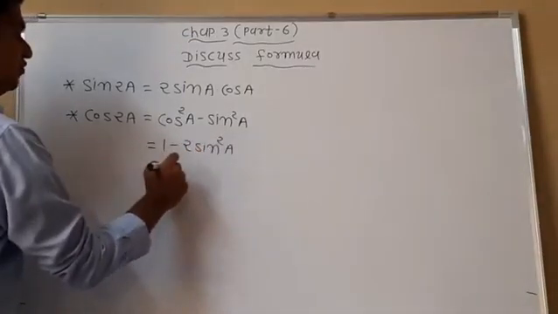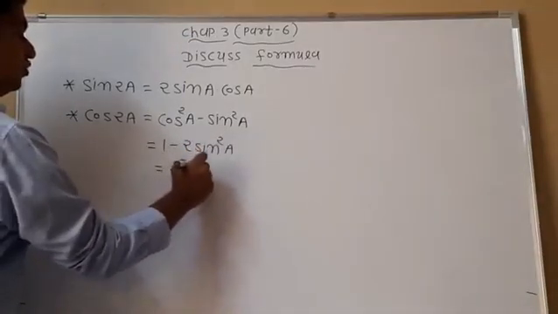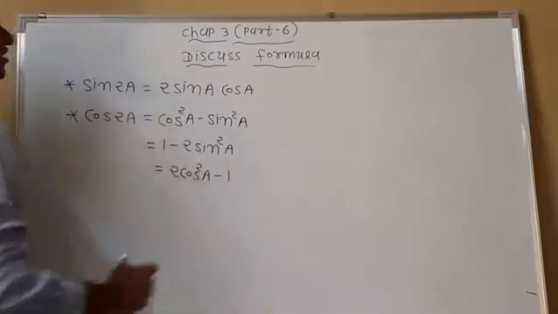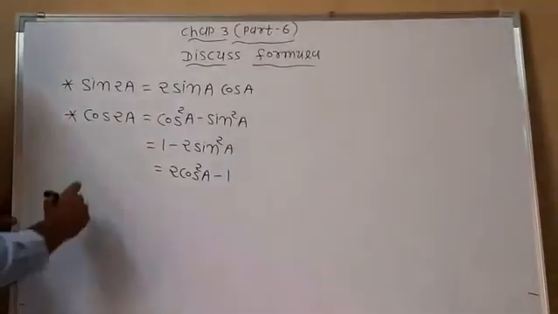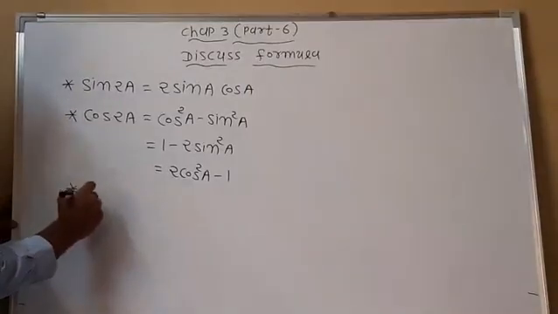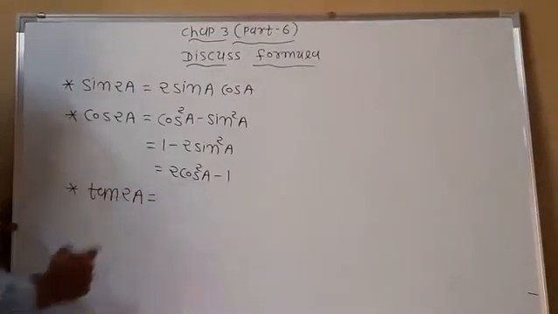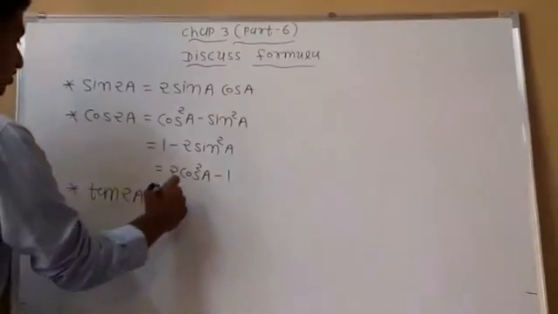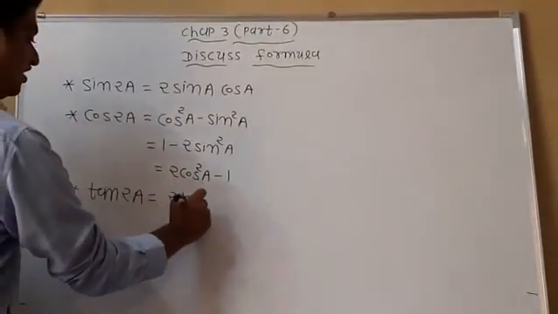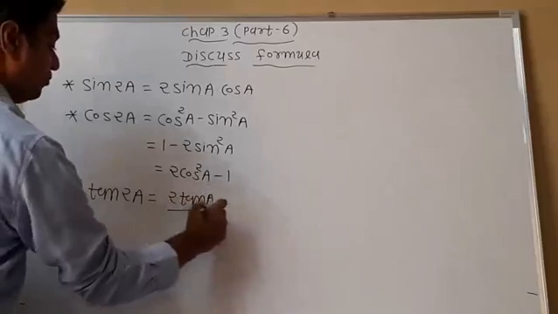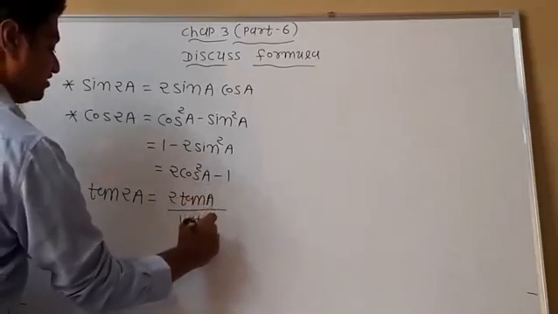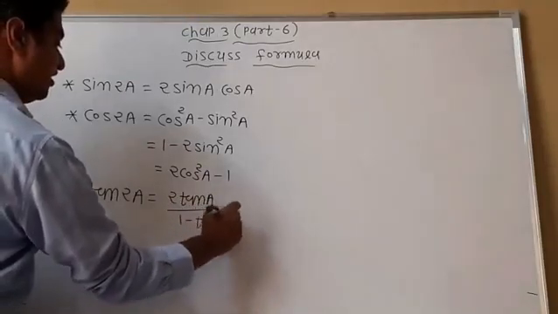And third formula, 2 cos square a minus 1. Now next one, tan 2a is equal to 2 tan a upon 1 minus tan square a.